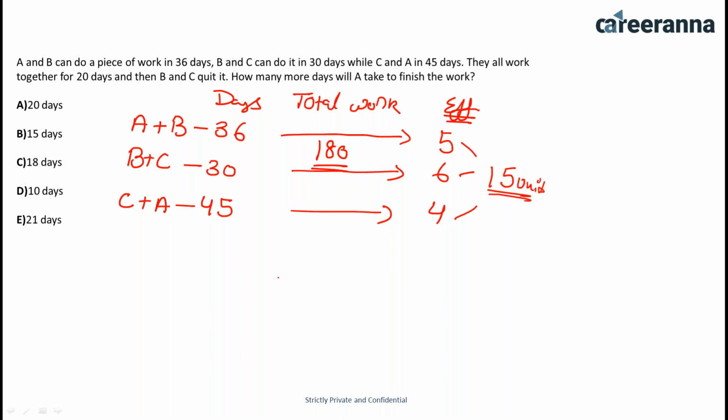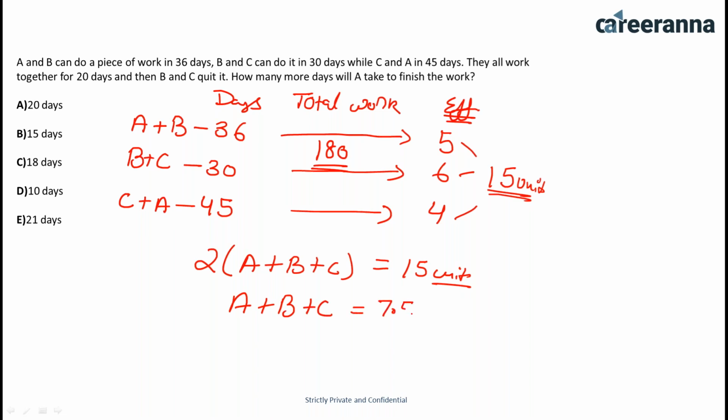Okay, so 15 into 20 you can easily calculate, because you already know the total work is 180. Now this is the unit they are combining, so twice of A plus B plus C is the 15 units of work which they are completing in one day. So for A, B and C alone, this is going to be 7.5 units of work.